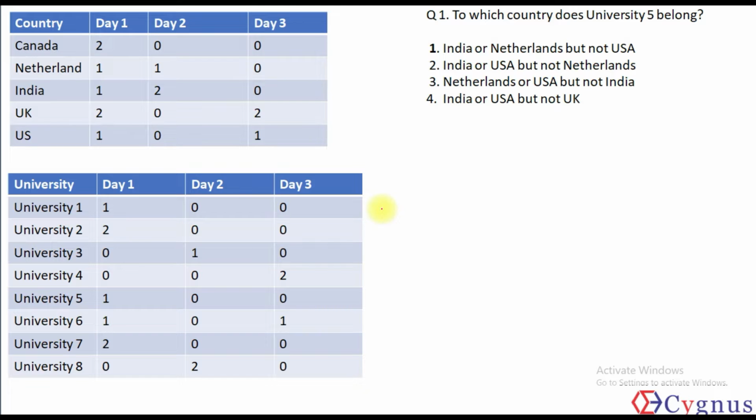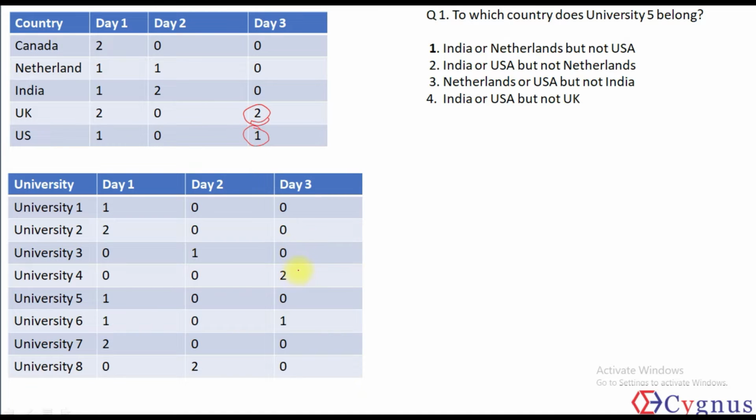And if you look at the data, on day 3, there were 2 visitors from UK. Look at this one. Day 3, there were 2 visitors from UK and 1 visitor from USA. That means on day 3, overall there were 3 visitors.